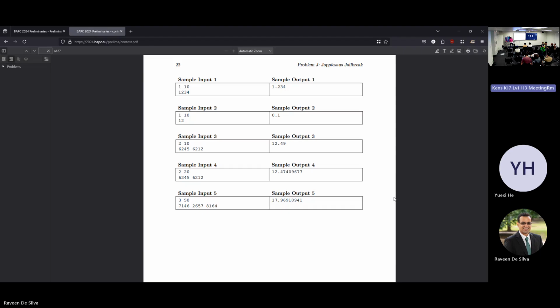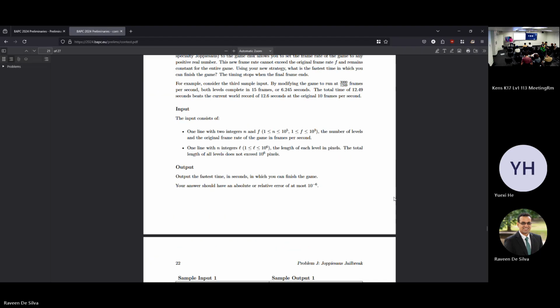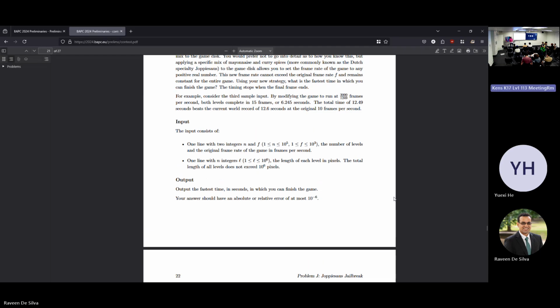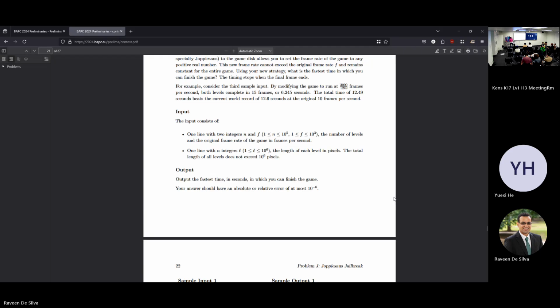So long as the final state is a full frame. There should be an example in the third sample input at the end of the statement.